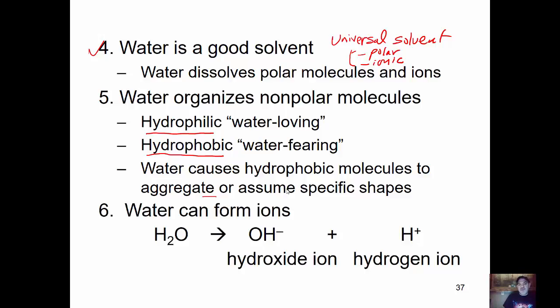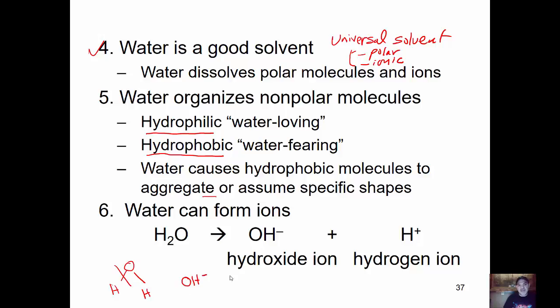And then water can also break apart itself, even though it's a polar molecule. If I were to draw water down here as a structural formula, H2O is actually structured like this. We can break off a hydrogen from the OH, and both of these electrons go this way, and this is going to make a negatively charged ion, the OH.